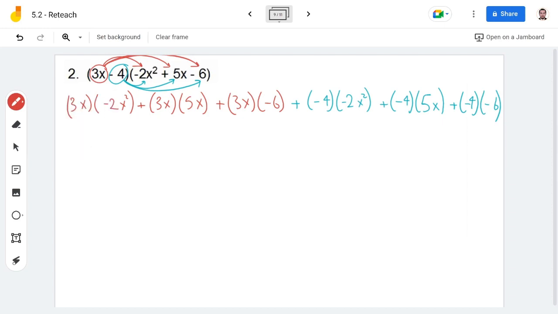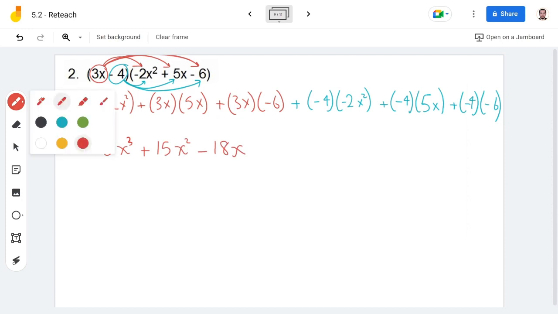You can solve it without doing this step. So now 3x times negative 2x is negative 6x cubed. Then 3x times 5x is 15x squared. 3x times negative 6, negative 18x.